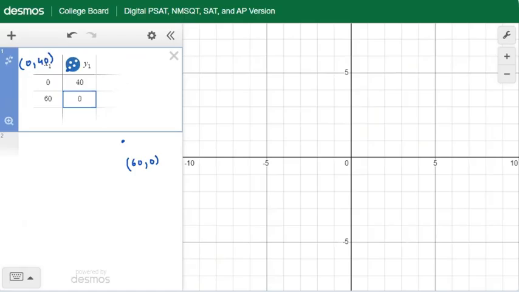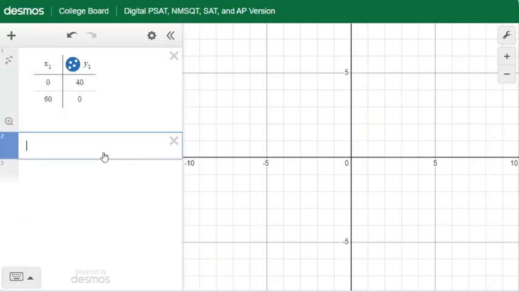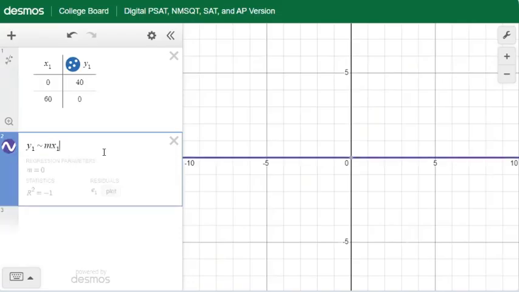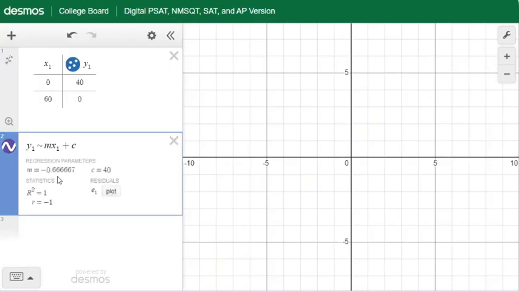Once I plug these values in, I can do the regression, y1 tilde mx1 plus c. Now we'll see that the value of m is 0.66667 and the value of c is 40, which we already know.